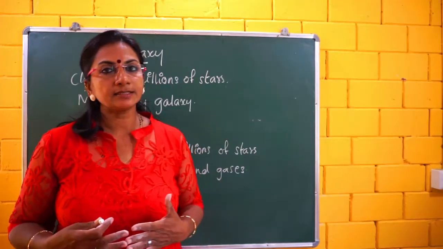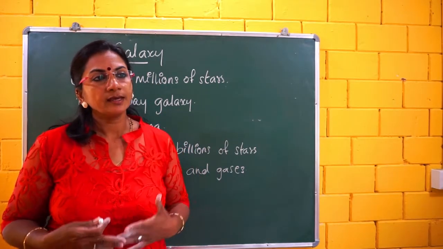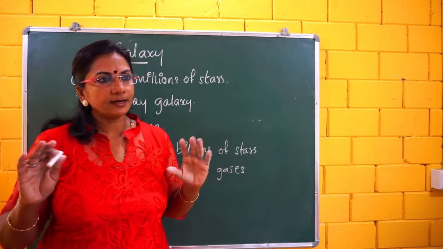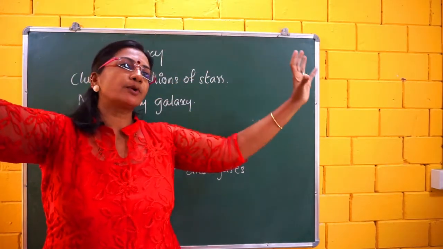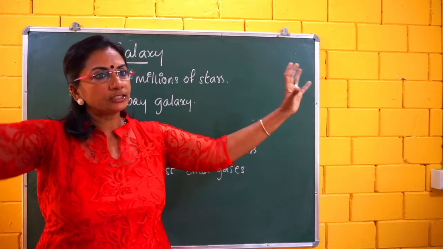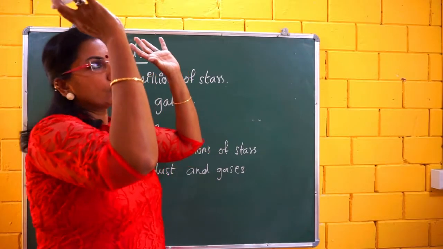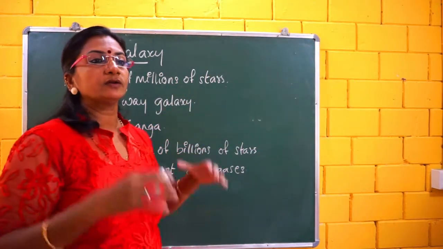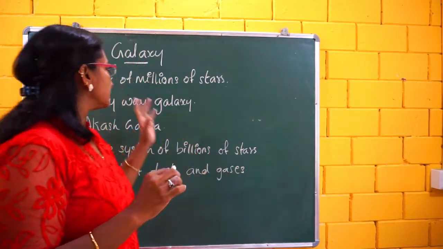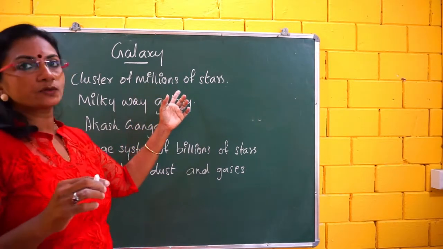Got it? Next is galaxy. On a clear starry night, do you see a whitish broad band of glowing white path across the sky? This band is a cluster of millions of stars.